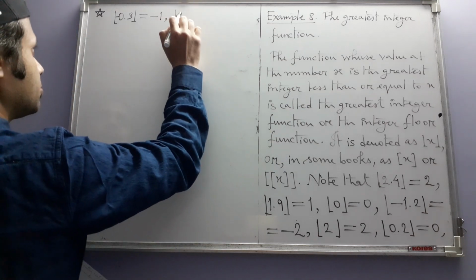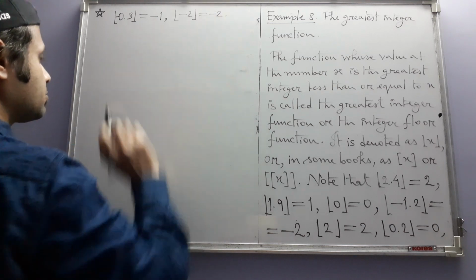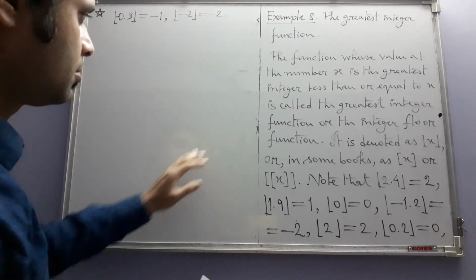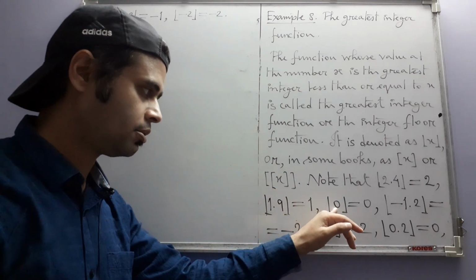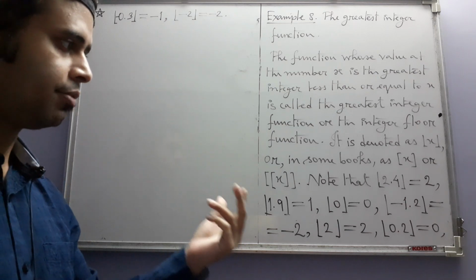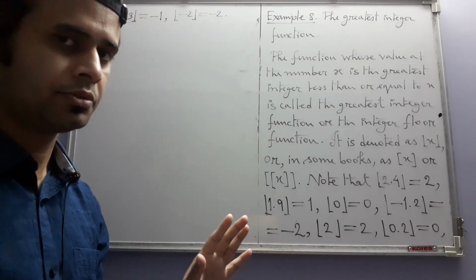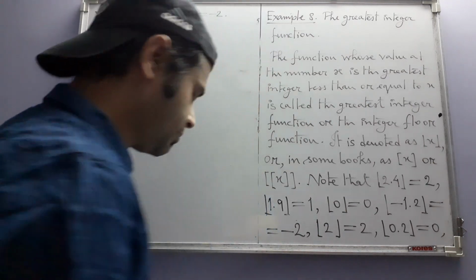And some simple observations show you that if your x itself is an integer, then the greatest integer function value is x itself. That thing is true, but you should know why that is true.